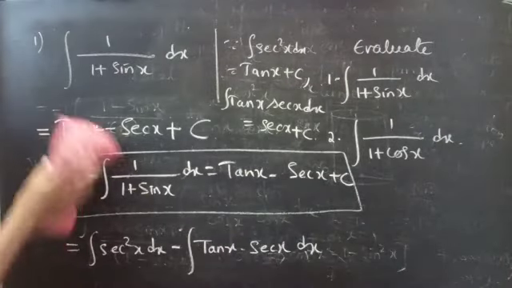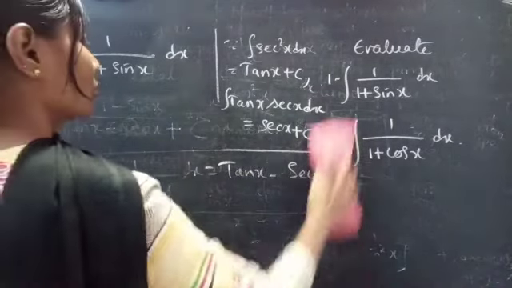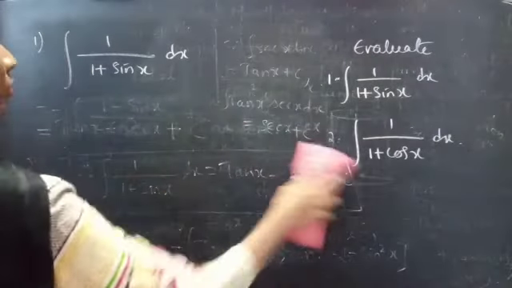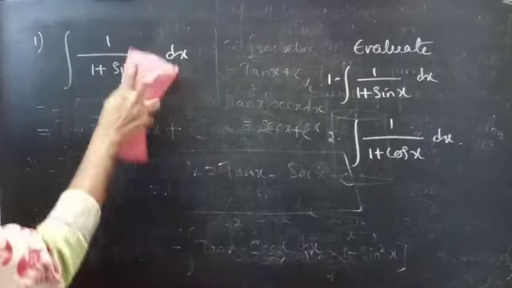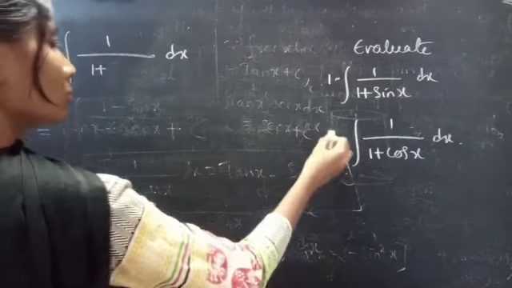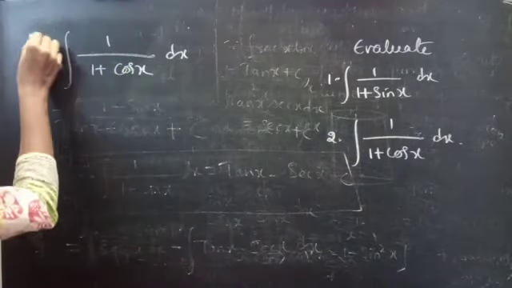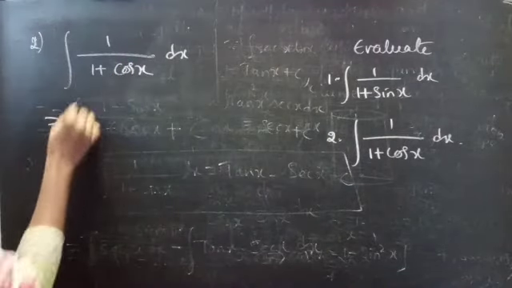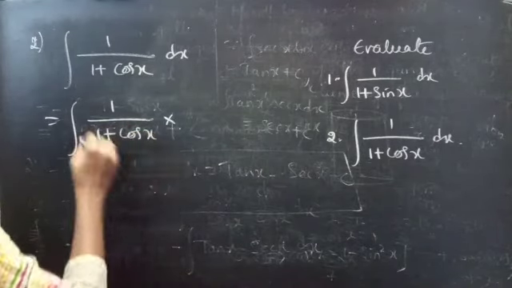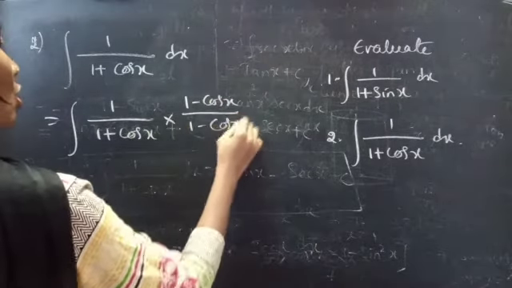Now coming to the second one. Evaluate the integral of 1 by 1 plus cos x. Here in the denominator we have 1 plus cos x, so we are going to rationalize the denominator by multiplying and dividing with 1 minus cos x.